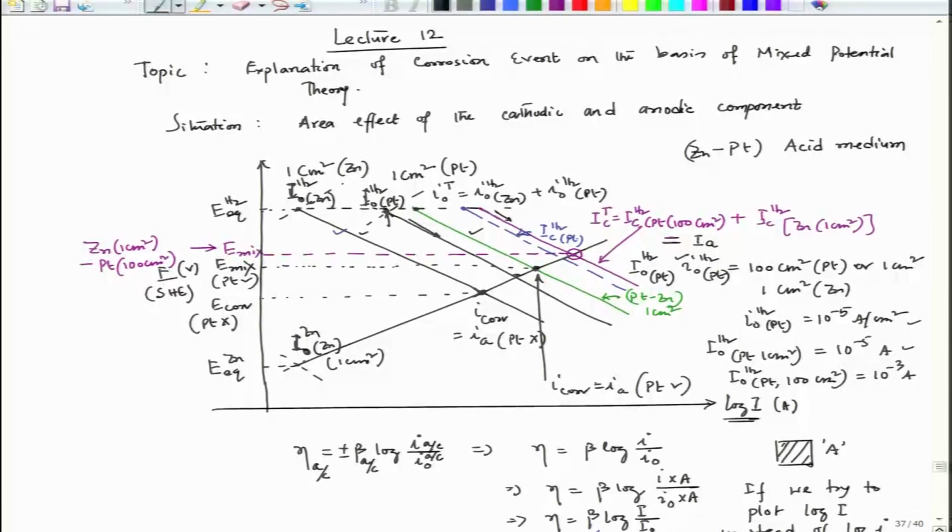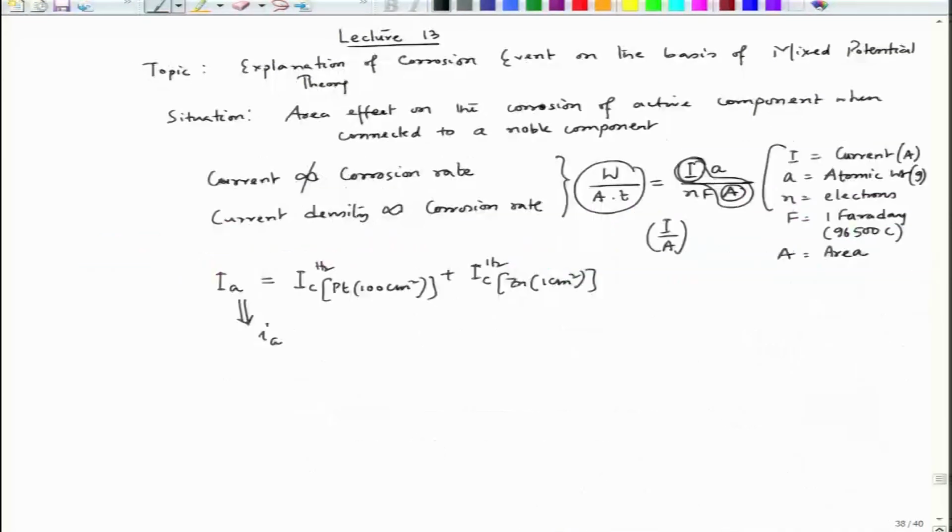So, the effect of the addition of this particular current, related to the hydrogen evolution over zinc surface, on the total IC would be very minimum. We will see that later. So, actually we can consider it to be IC hydrogen over platinum, 100 centimeter square.